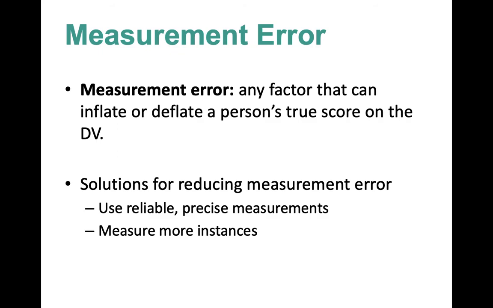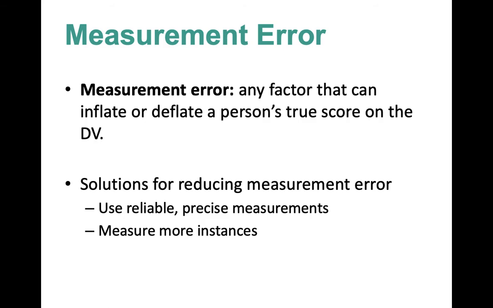The other thing to do would be to measure more instances, we'll say. So if it's hard to find a measure that is reliable and valid, one just doesn't exist, whatever you're measuring, there isn't a good survey or questionnaire inventory for it. By measuring more instances, we could be talking about a couple things. You could measure the same person multiple times, and those multiple measurements could be summed or averaged to get a more stable and accurate measure of that person's, whatever that attribute is.